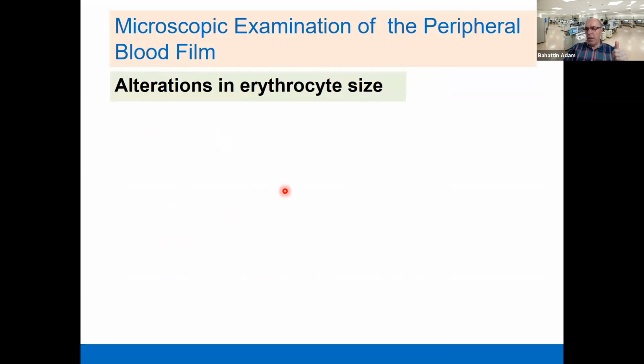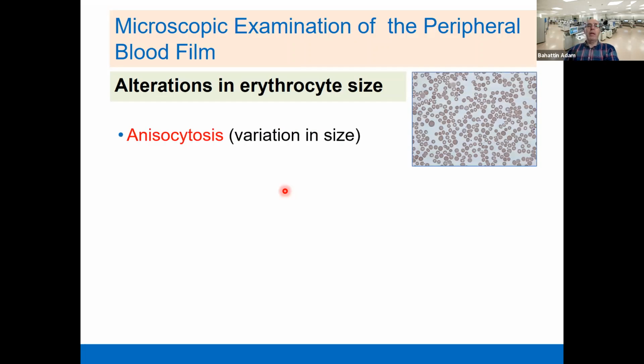The other parameter that we need to consider is alteration in erythrocyte size. Alteration in color, alteration in erythrocyte size. This is also really important. Now, there are three definitions in terms of the erythrocyte size.